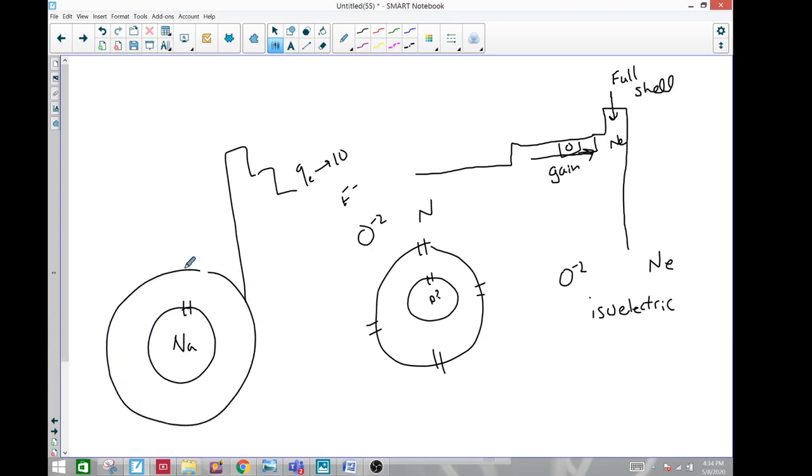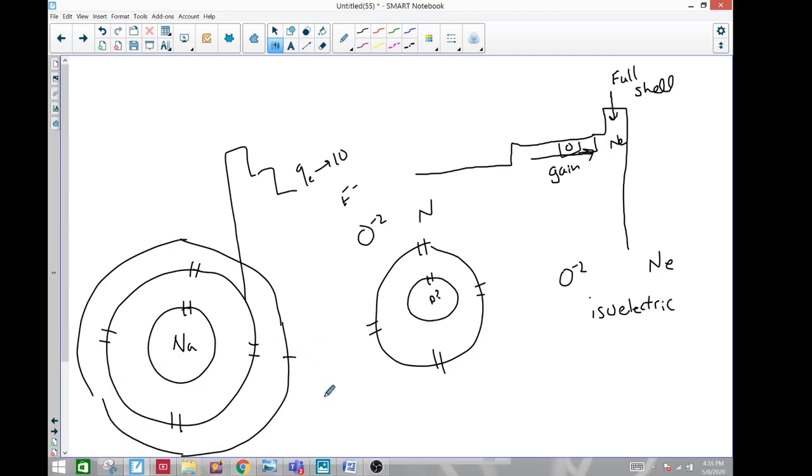Now we're just using these Bohr diagrams as a tool to learn about how atoms operate. 1, 2, 3, 4, 5, 6, 7, 8. That's 10 electrons. So there's one more energy level here on sodium, and then this thing is going to be done. And you can put it anywhere you want. There you go. That's sodium.